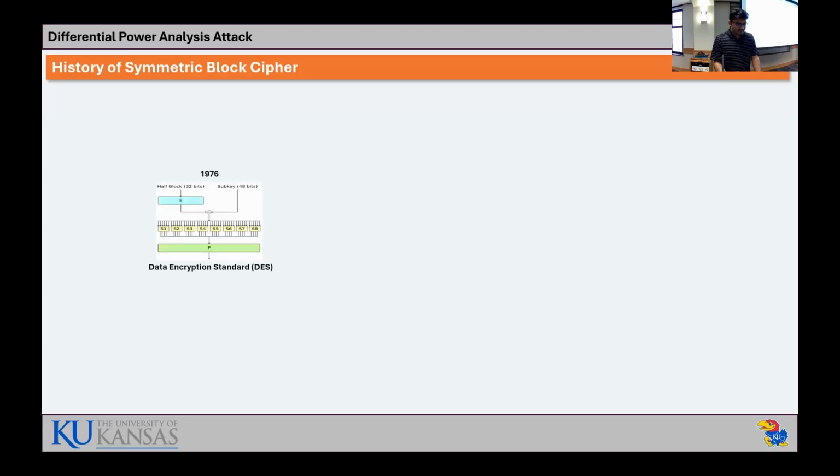It started with DES, which is Data Encryption Standard, in 1976. A group from IBM actually made it and kept the internal operations secret, because they never wanted to give it to other people for their purposes.